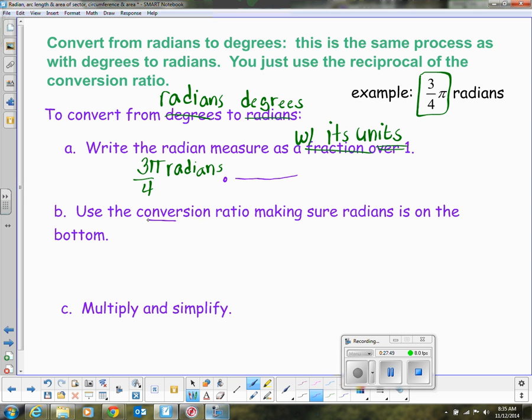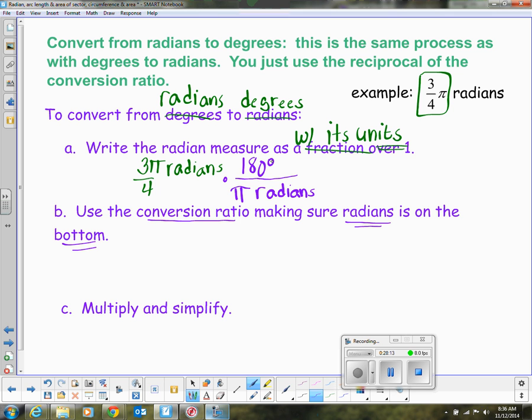The conversion ratio is going to make sure the radians are on the bottom. Why? Because radians are on top, which means pi radians is on the bottom, and the 180 degrees is on the top. And you need the degree symbol with your 180.